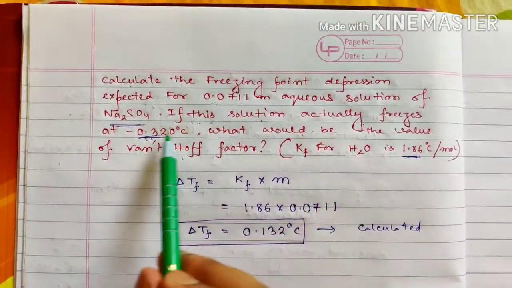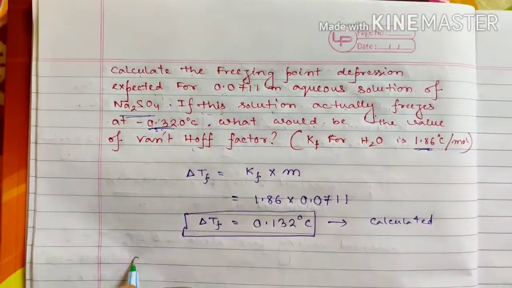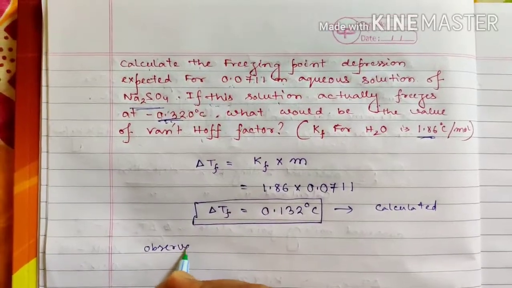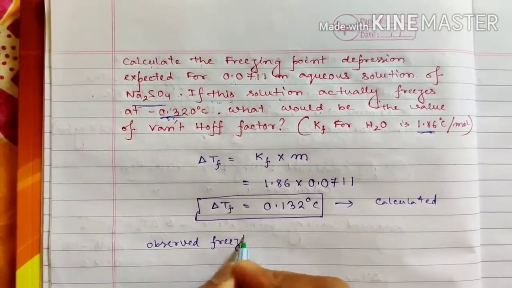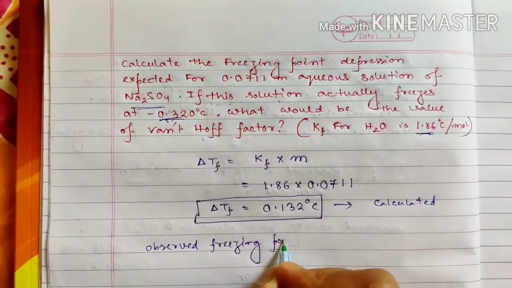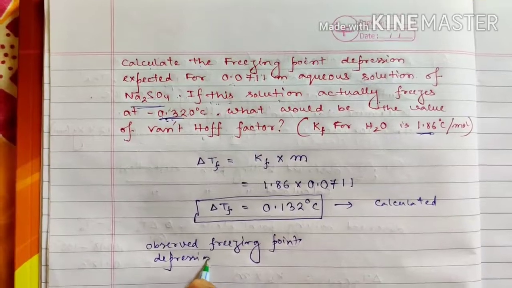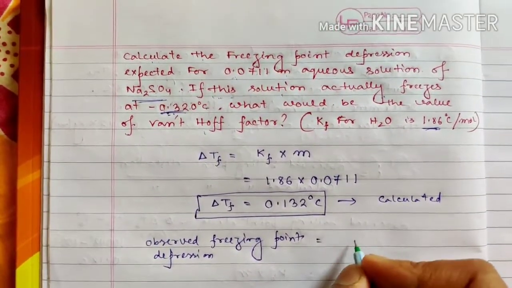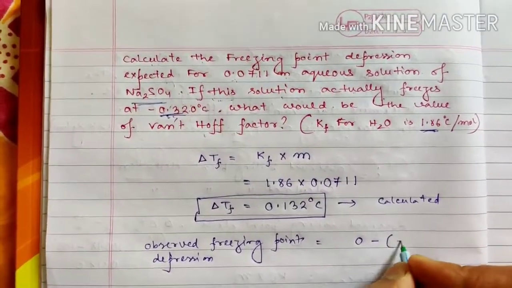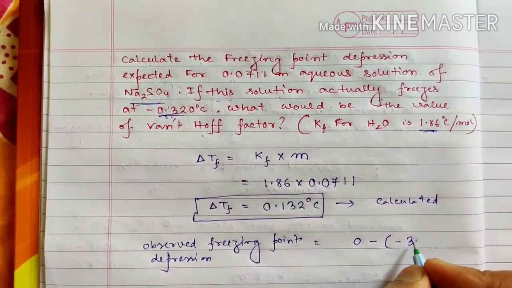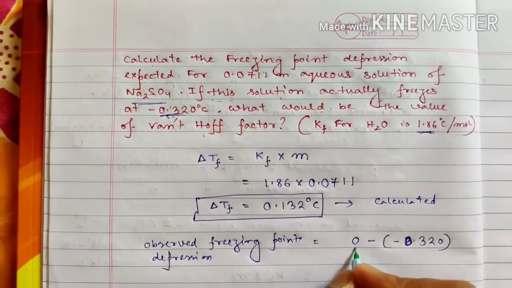And how much have we observed? It actually freezes at minus 0.320. So the observed freezing point depression should be, for the pure solvent which is water, 0 minus (minus 0.320). This part you try to understand.